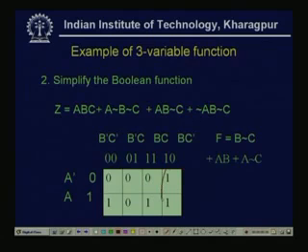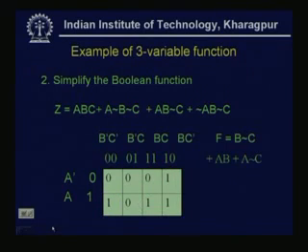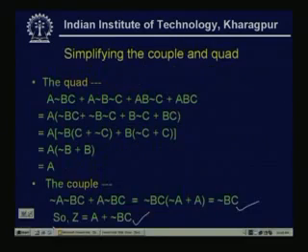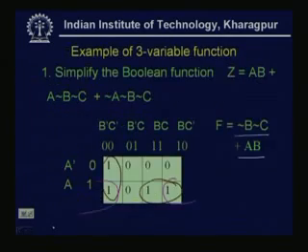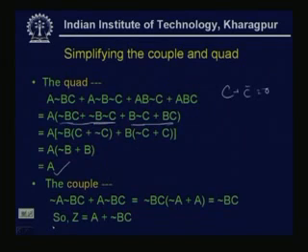Here this is one couple, this is one couple, and this one is again left, so we will put this and this one. So there will be three reduced terms, but for the 3 variable function it will all reduce to 2 variables. And similarly, the third one we can also do in that way.